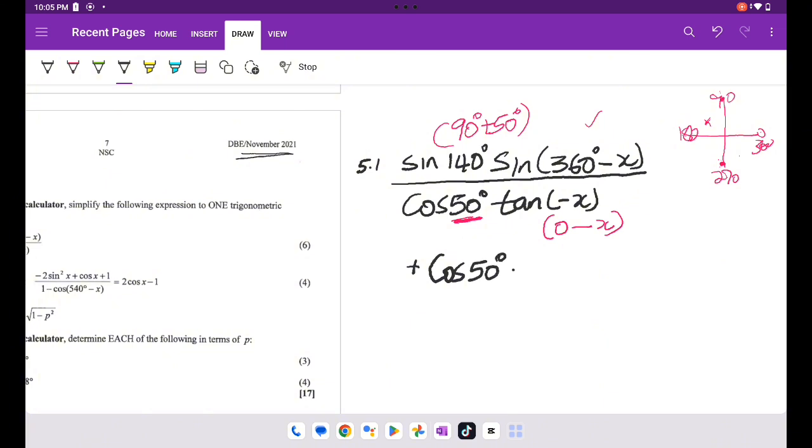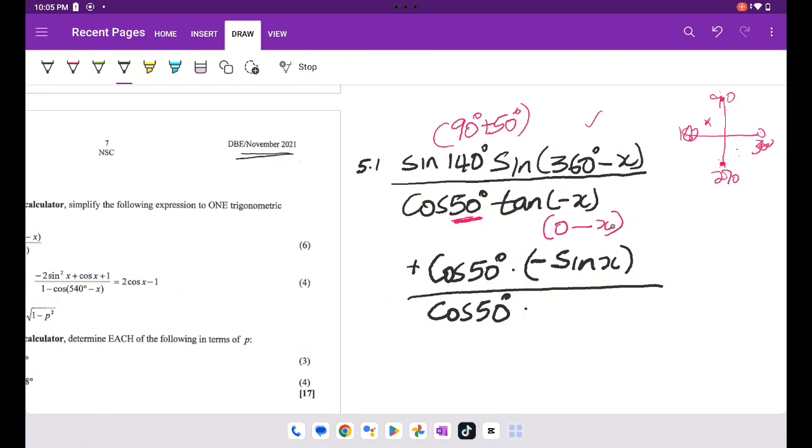And this one, 360 minus x, is in quadrant 4. Is it positive or negative? It's negative in that quadrant. We don't change it because it's not 90 or 270, so we keep it as it is, so it's sine, and we put that angle there. All over cos 50, it's already been reduced, we can rewrite it as it is.